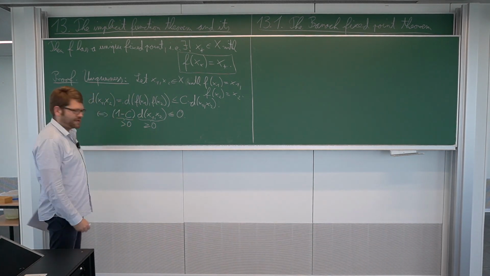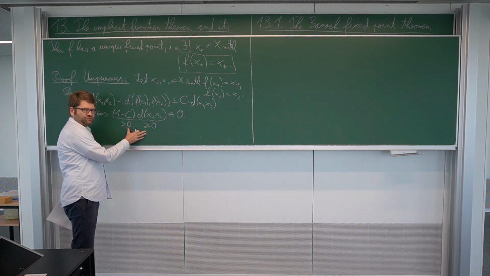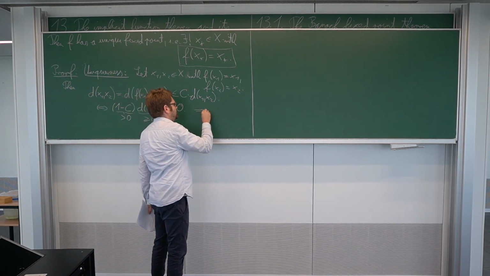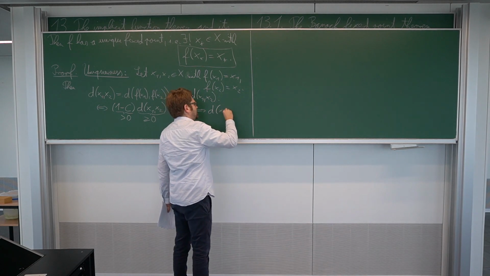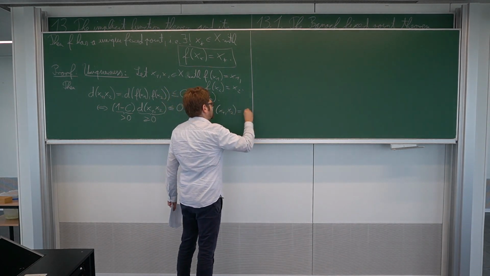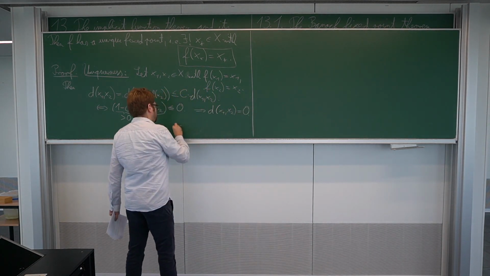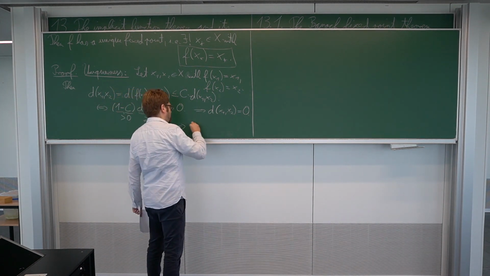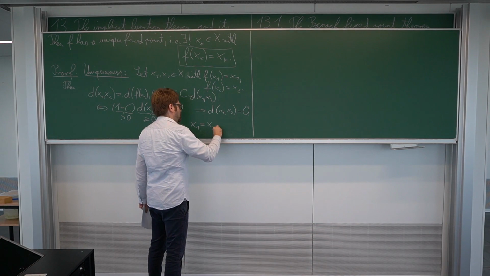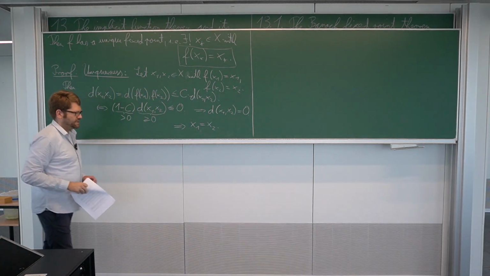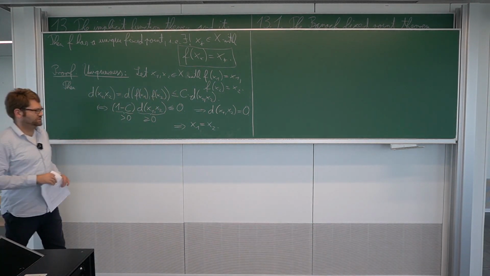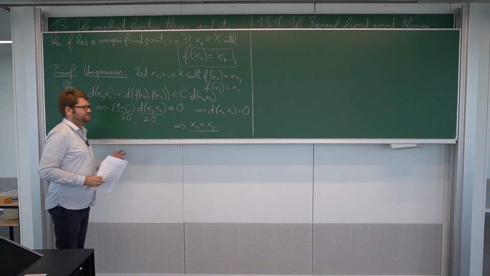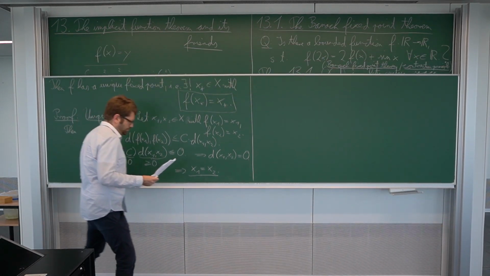The only way this can happen is if d of x1, x2 is equal to 0. But by the first property of a metric, the distance between two points being 0 means x1 is equal to x2. So these two points must coincide. This shows the uniqueness of our fixed point, simply from this contraction argument.